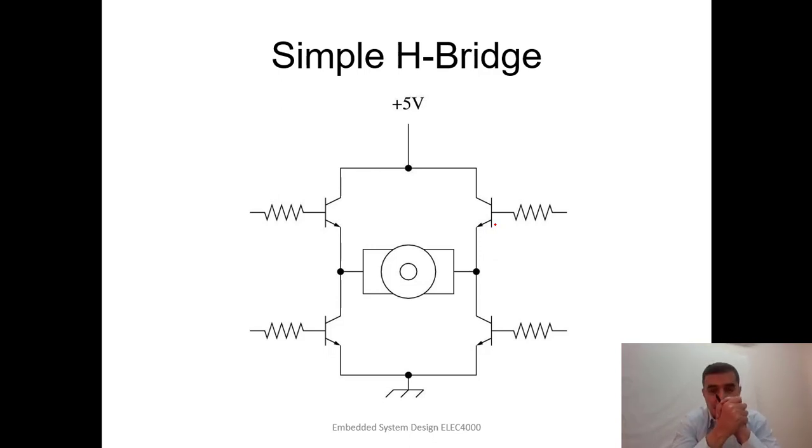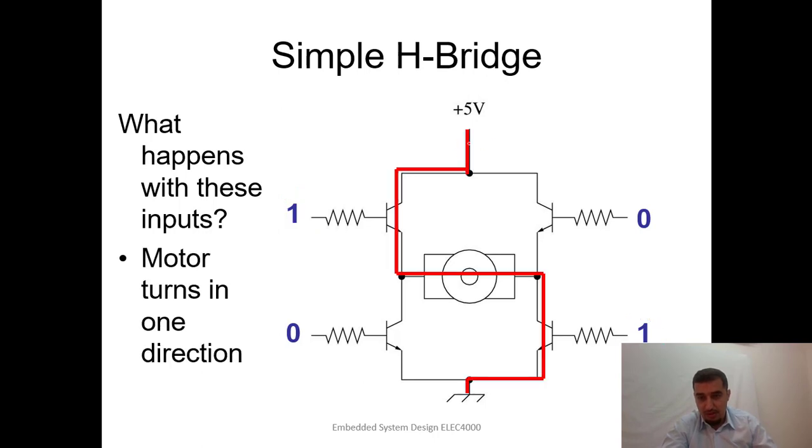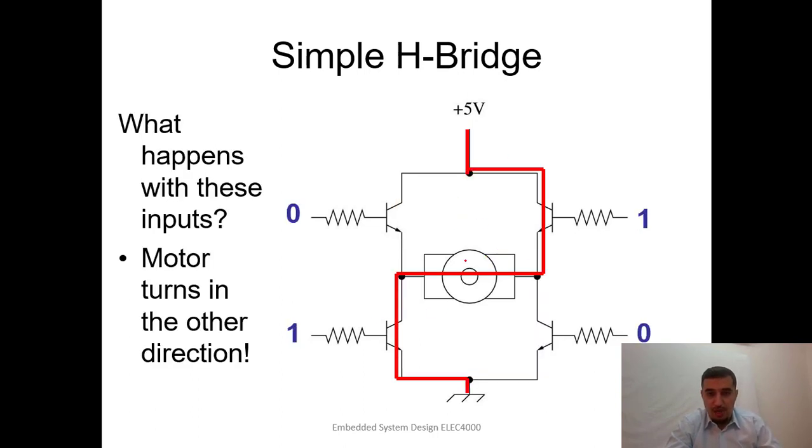Now let's apply this over here. If we apply 1 here and 1 here, then the current will flow through the motor to the ground, and the motor will rotate in this direction. And if we apply the other 2 transistors, the motor will move through this over here.